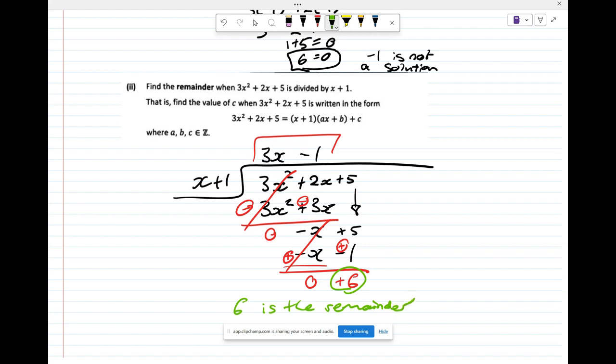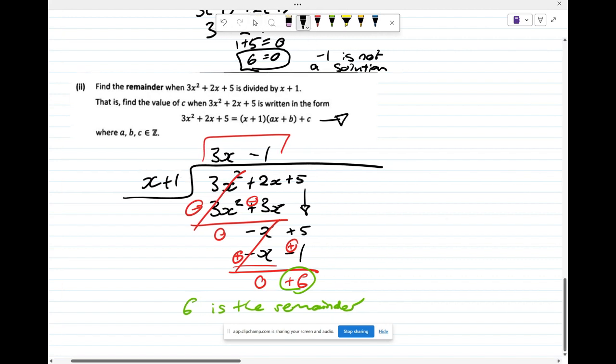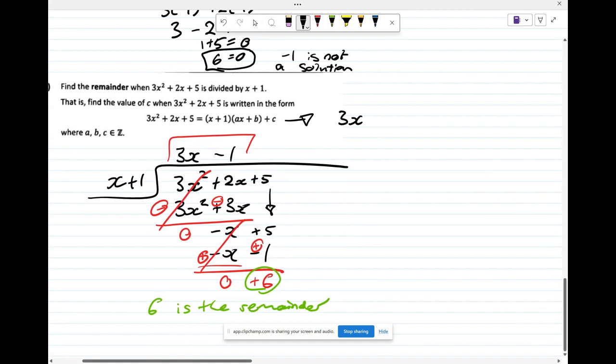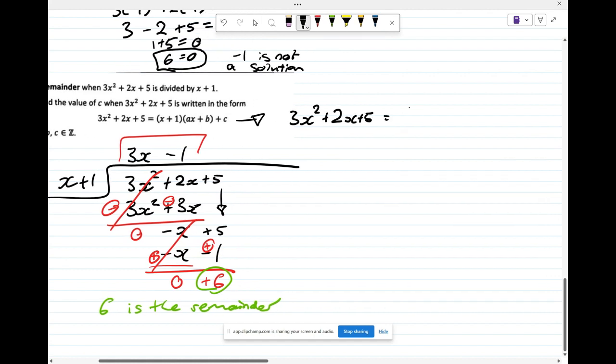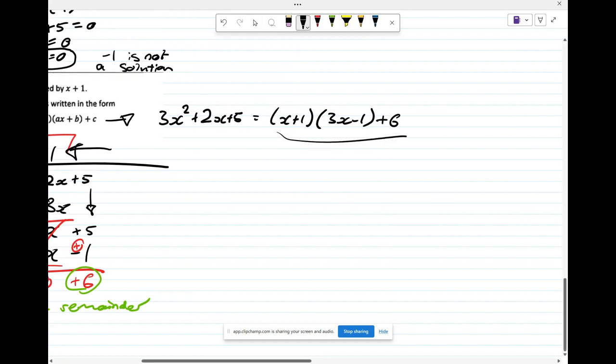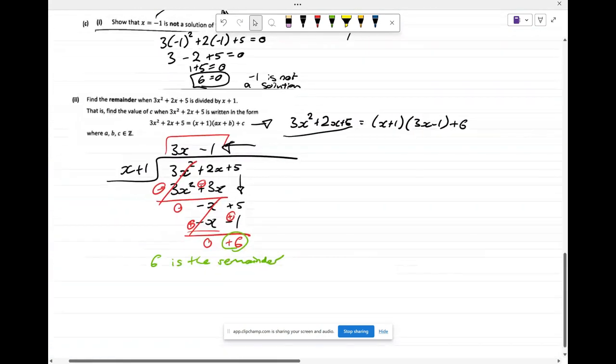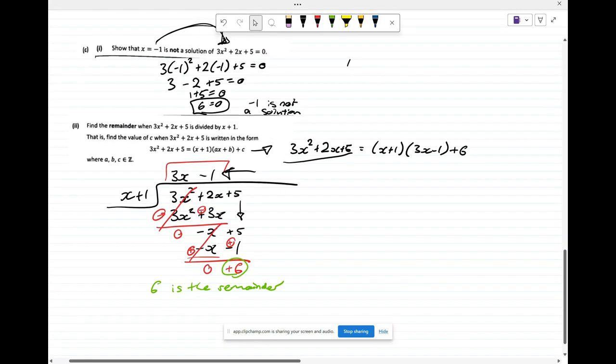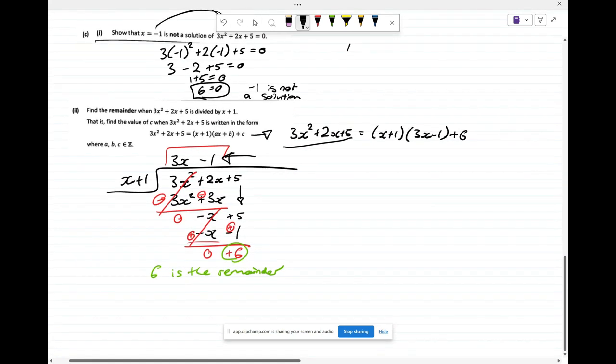Another way of writing 3x squared plus 2x plus 5 is x plus 1 times 3x minus 1, which we got up here, and then adding on 6. So if you did add that, you'd end up with whatever's on the left-hand side. Great. Okay. So on to the very last question.